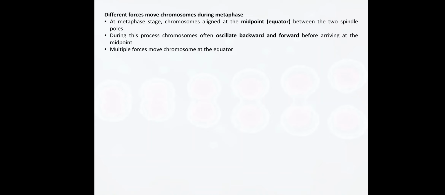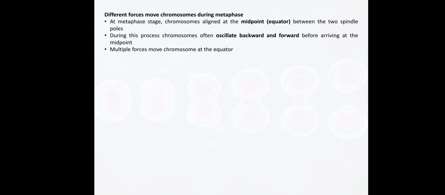One major force is associated with the kinetochore. The kinetochore and its associated chromosome, along with the kinetochore microtubule, move toward the spindle pole. This force is produced by proteins at the kinetochore itself.